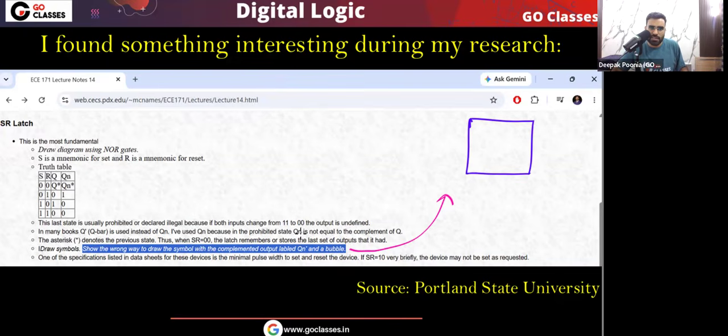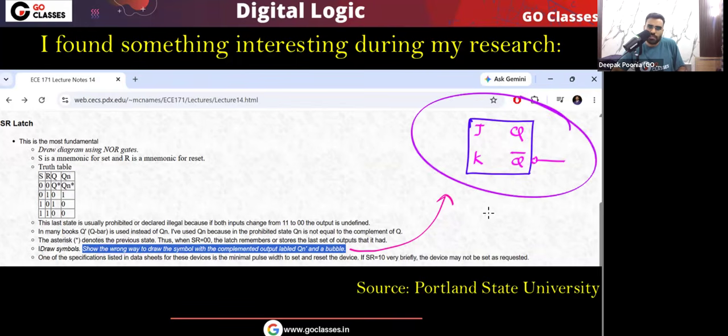They are writing explicitly that this is the wrong way. It means if you write J, K, Q like this, with Q complement, notice Q complement, and then you put a bubble, they are explicitly writing that this is the wrong way.